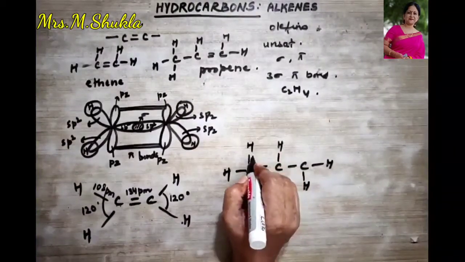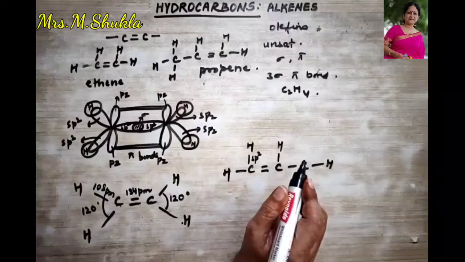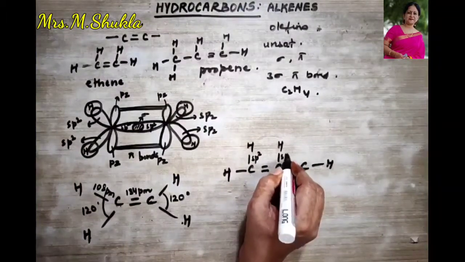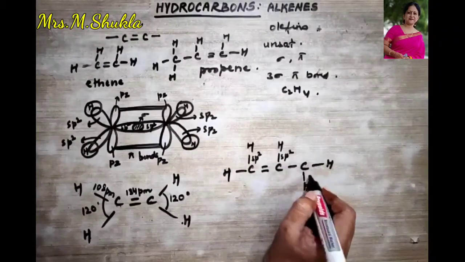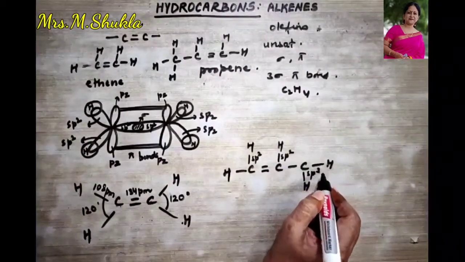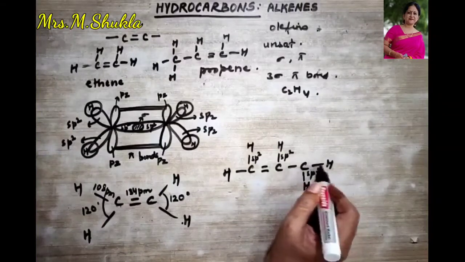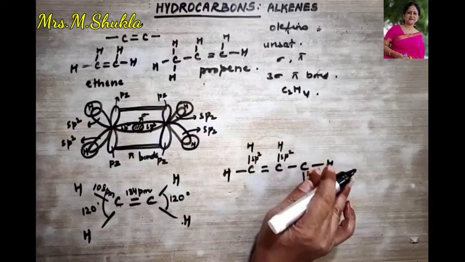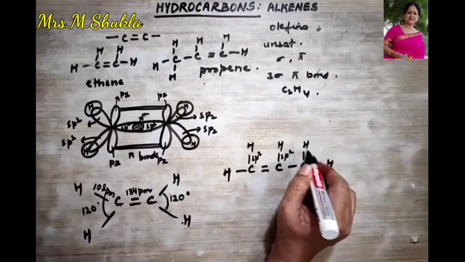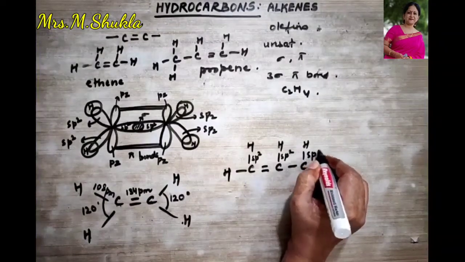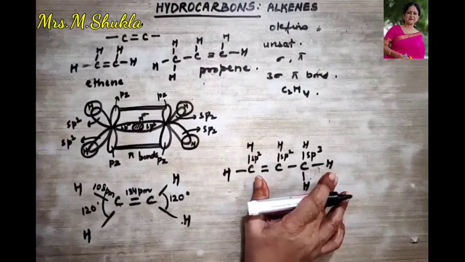So here you are going to see sp2 hybridization. Here also it is sp2 hybridization, and here it will be sp3 hybridization. And here you are going to see sp3 hybridization.